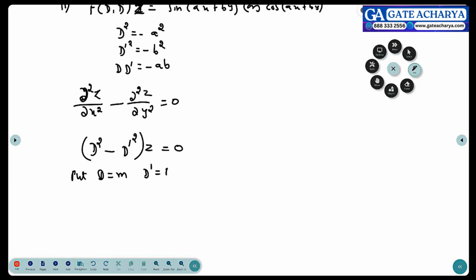d is equal to m and d dash equal to 1. Therefore, it is m square minus 1 is equal to 0. So, m square is 1. Therefore, m is equal to plus or minus 1. Real root, different root. அப்ப என்ன பண்ணணும்? Therefore, z solution is equal to first function into y plus m1x. இங்க plus and minus எடுத்துக்கலாம்.